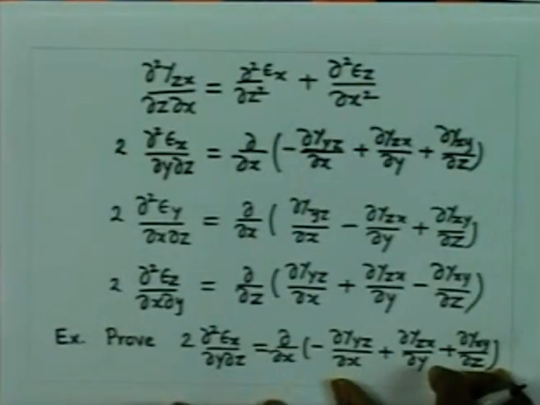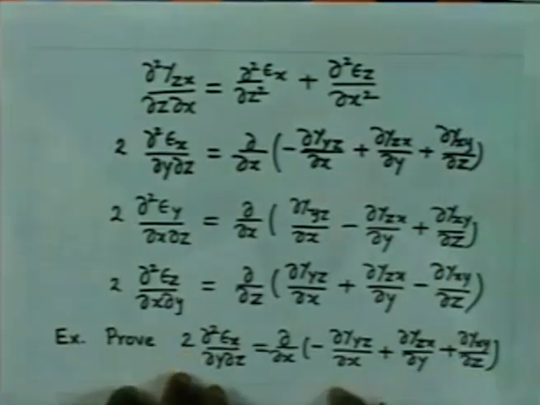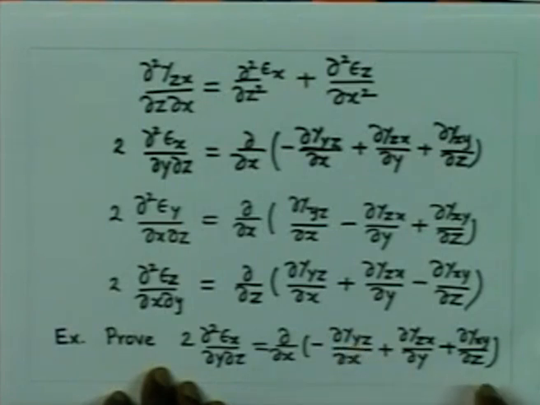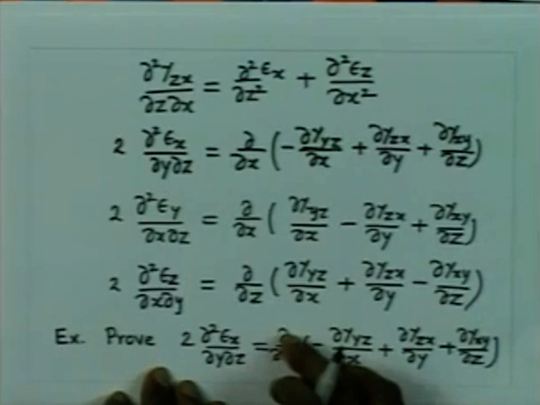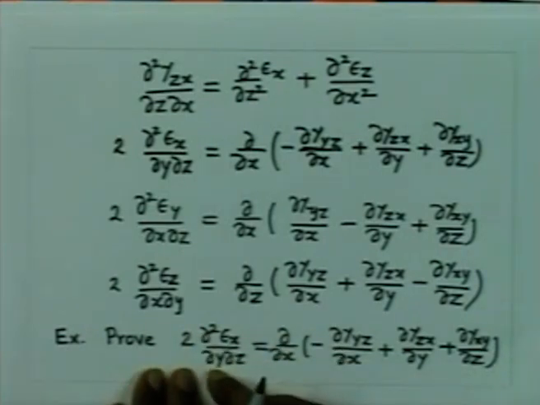Once you take that sum, you will find that you are going to have a relationship involving some expression which will finally lead to this left hand side. So, you take the expressions for the strains gamma xy, gamma zx, gamma yz separately and differentiate them as shown here, and sum them up. Then once you differentiate this resultant expression with respect to x, you are going to get the left hand side.